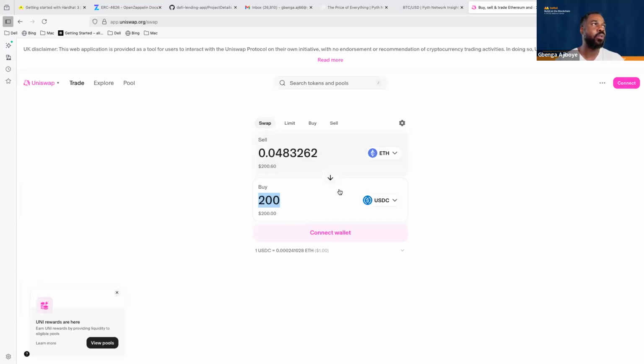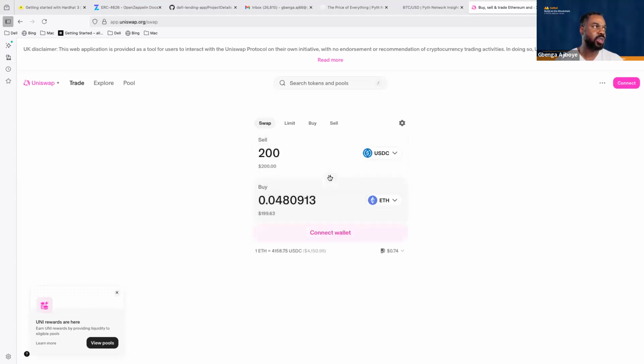So this is how we end up liquidating a loan. When you liquidate a loan, you are selling the volatile assets to get the stable asset.